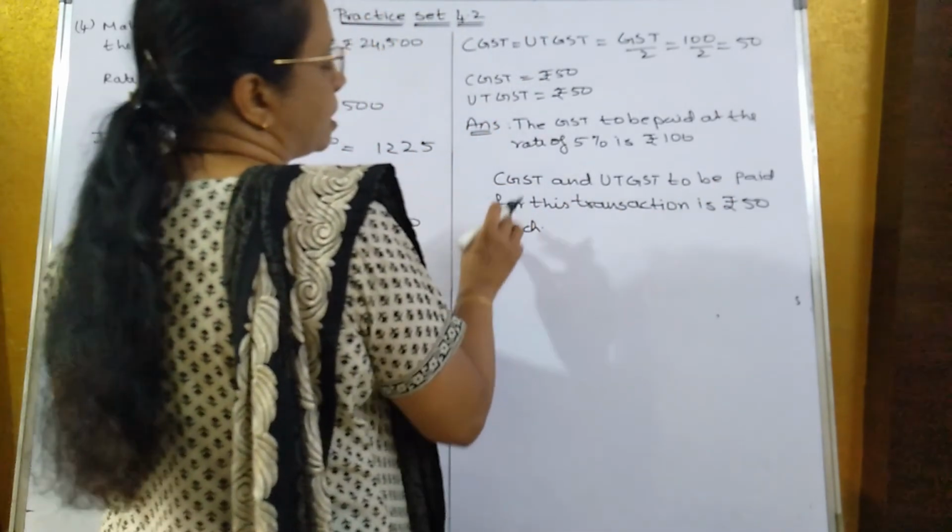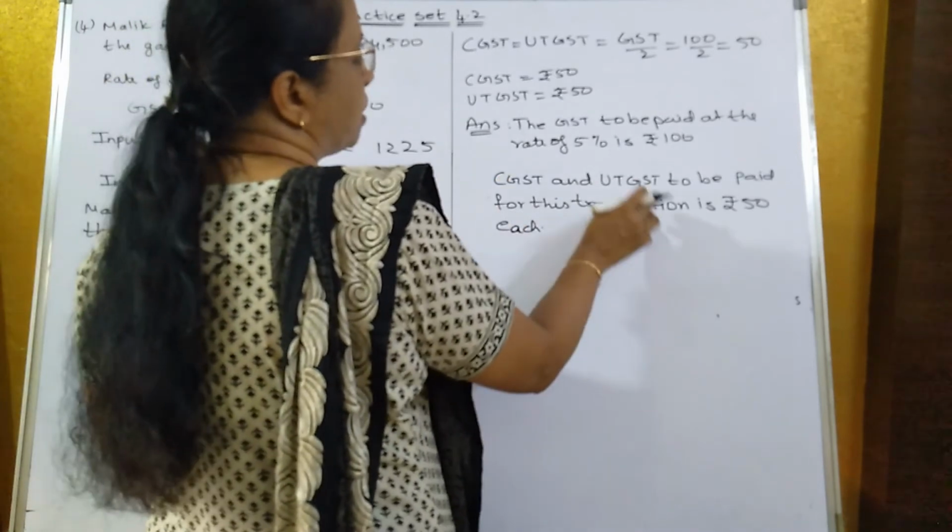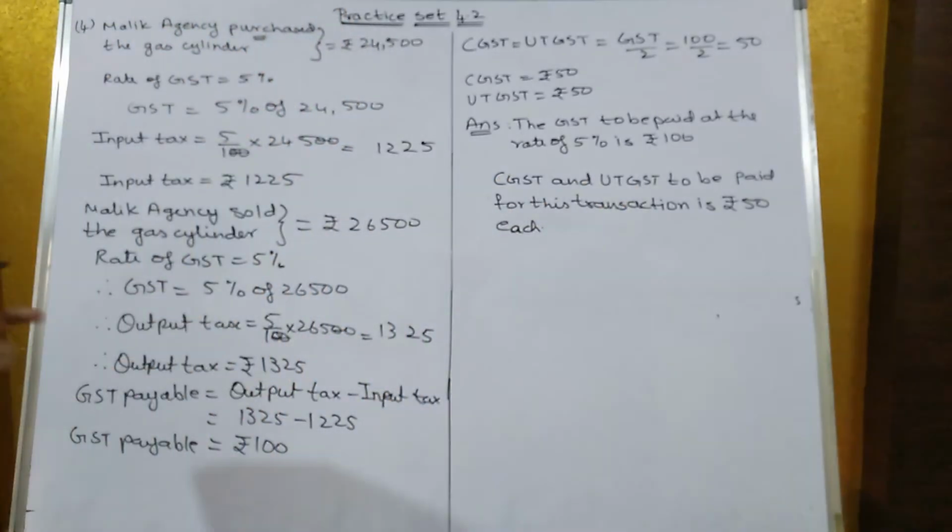So at each transaction, CGST is how much? Rupees 50 and UTGST is also rupees 50.